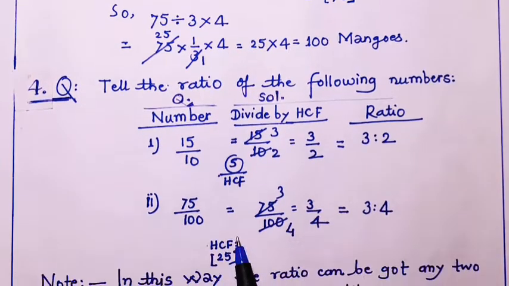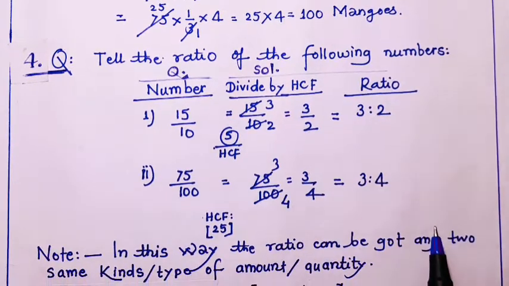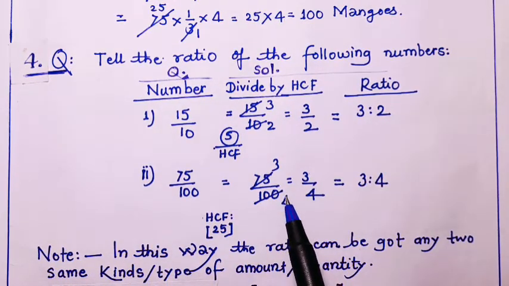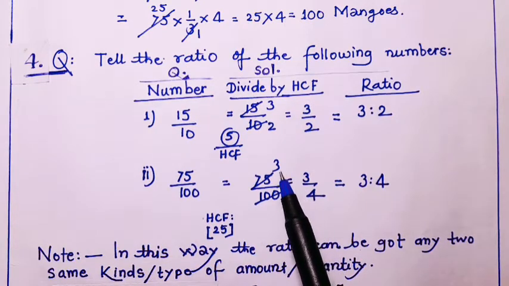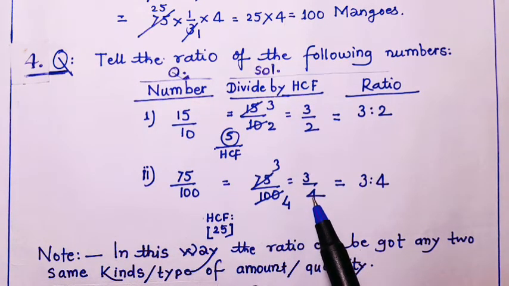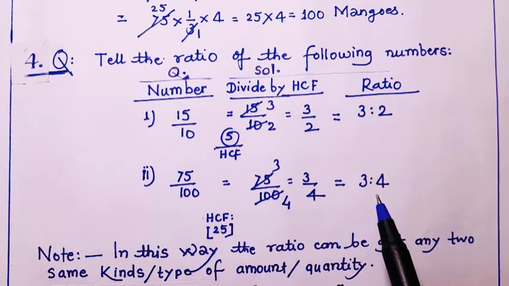And another example is 75 by 100. So 75 by 100 has been cancelled by their HCF, and we get 3 4, and 3 4 is written 3 by 4. So in the form of ratio we get 3 to 4.